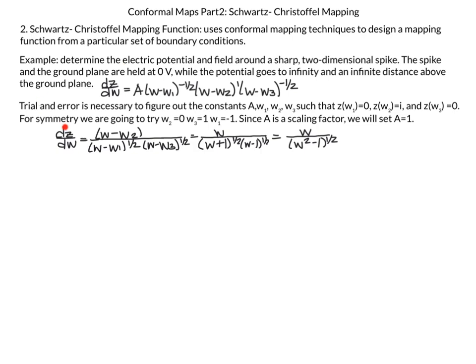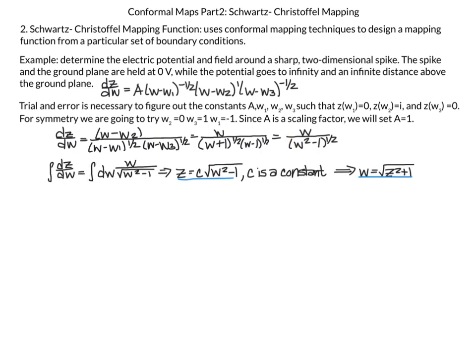And at this point, to make space, I just wrote our last line up here. So we have our dz/dw is equal to w divided by (w squared minus 1) to the 1/2. Now the next thing we need to do to get z rather than dz/dw is integrate with respect to w. So here I have the integration dw, w over the square root of w squared minus 1.